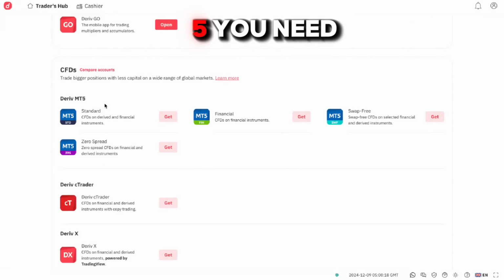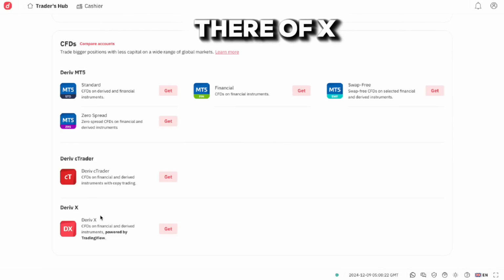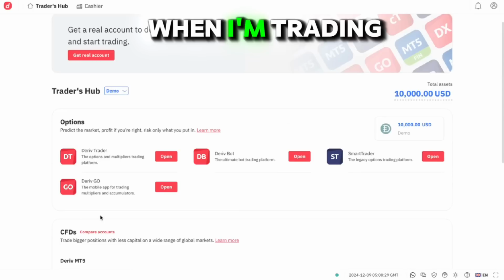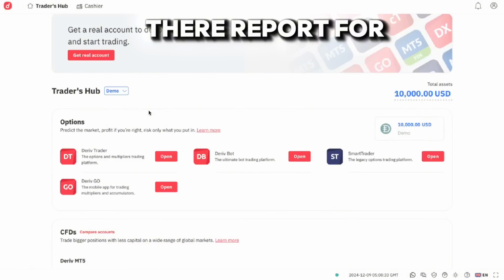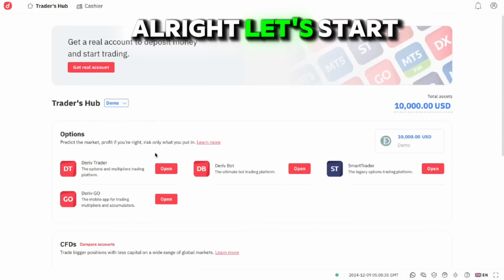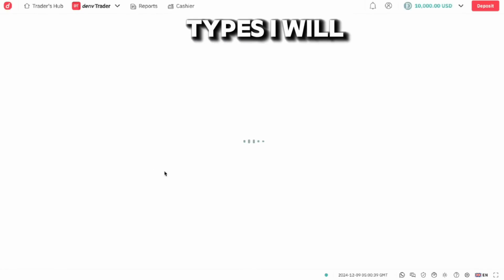This is MT5. If you need an MT5, you just get it from there. And this is cTrader and Deriv X. So when I'm trading forex, I either use Deriv cTrader, Deriv MT5, or Deriv X. When I'm trading synthetics, I use Deriv Trader or Deriv Bot for automation. All right, let's start with synthetics. Those are the first market types I'm going to show you.